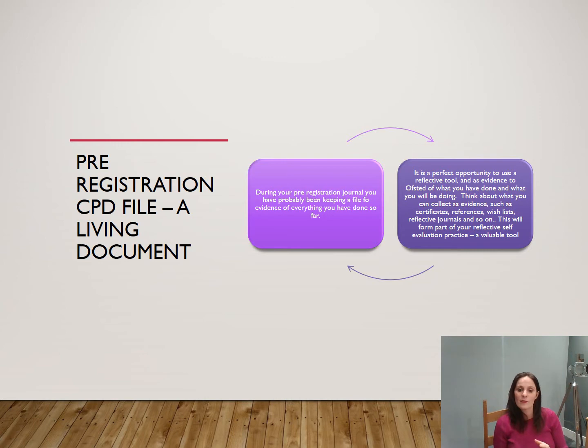And this is a living document. So you can collect things like certificates that you've done. You can collect references. You can be reflective. You could write down what works, what doesn't work. You can put some of your policies into there, and it will also act as your reflective self-evaluation tool, and that's a valuable tool, that one is.